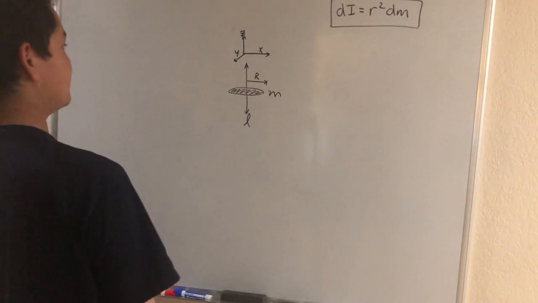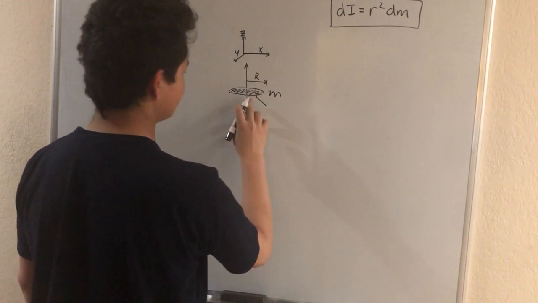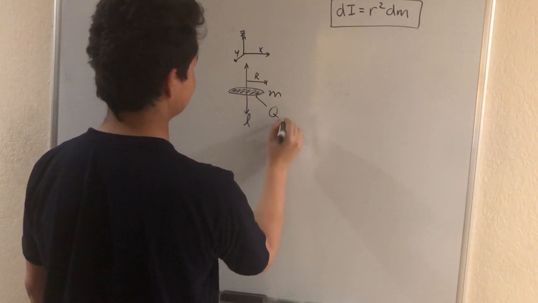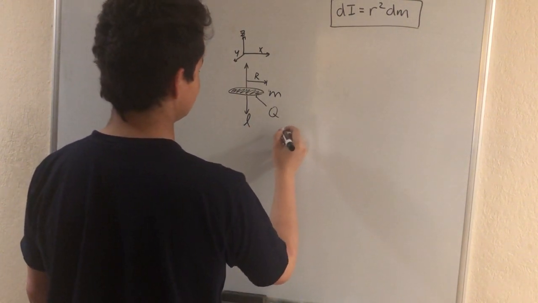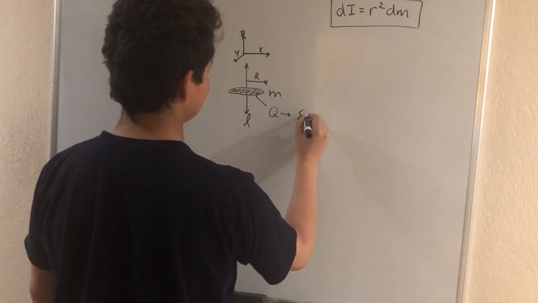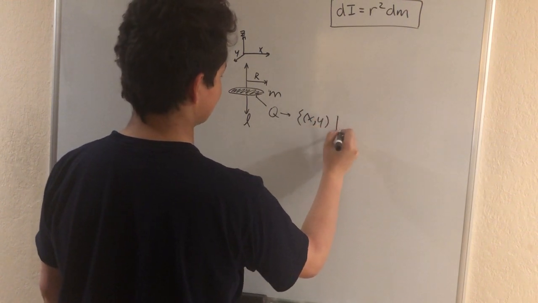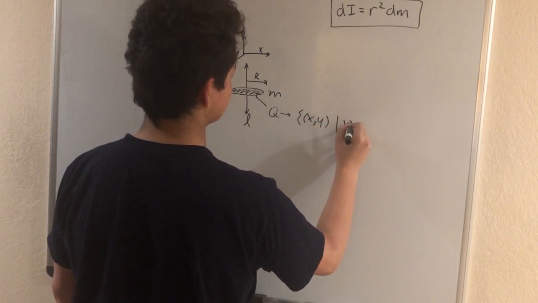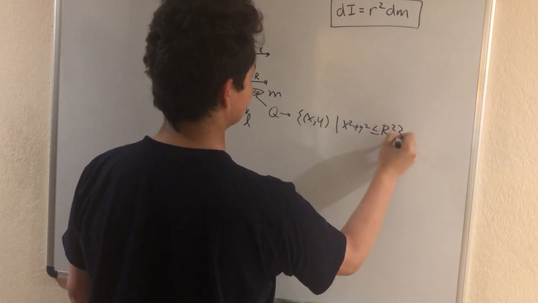All right. So we're going to call this region of the disk, an infinitely thin disk, Q. So Q is the pairs x and y such that x squared plus y squared is smaller than or equal to r squared.